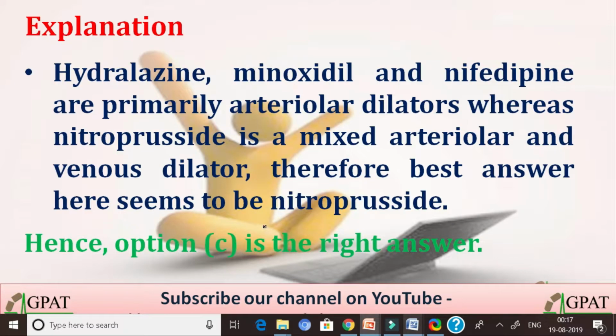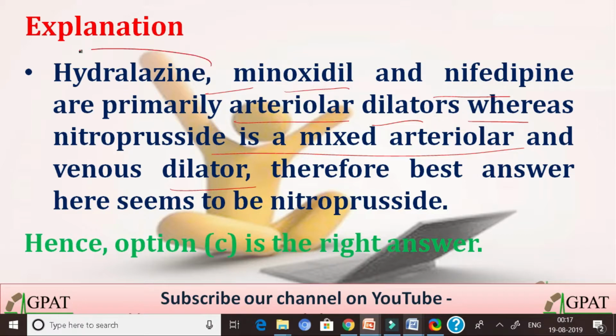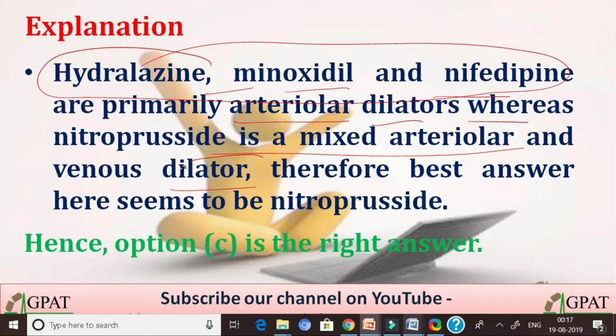Let's discuss with the help of the explanation that hydralazine, minoxidil and nifedipine are primarily arteriolar dilators, whereas nitroprusside is an arteriolar and venous dilator. Students, write down: hydralazine, minoxidil and nifedipine are arteriolar dilators, but nitroprusside is a venodilator as well as arteriolar. So option C is the correct answer.